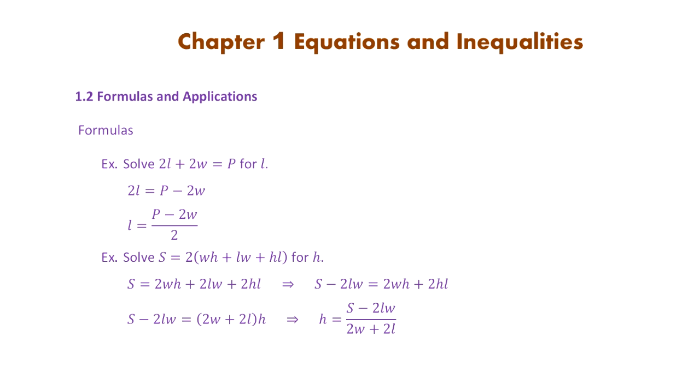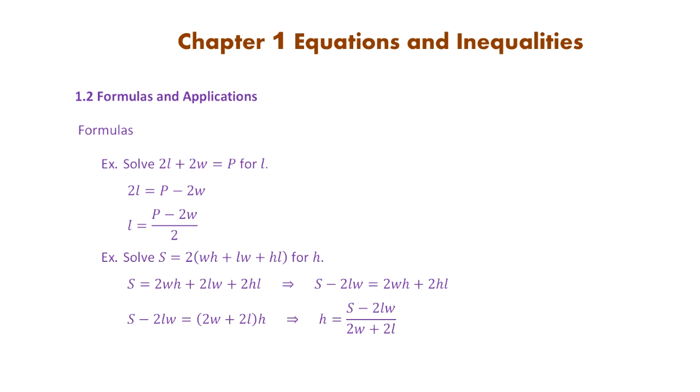In some cases, you might need to solve equations based on formulas and not numbers. For example, in this example, we need to solve 2L plus 2W equals P for L. So this is the formula. We need to solve for L from this formula.